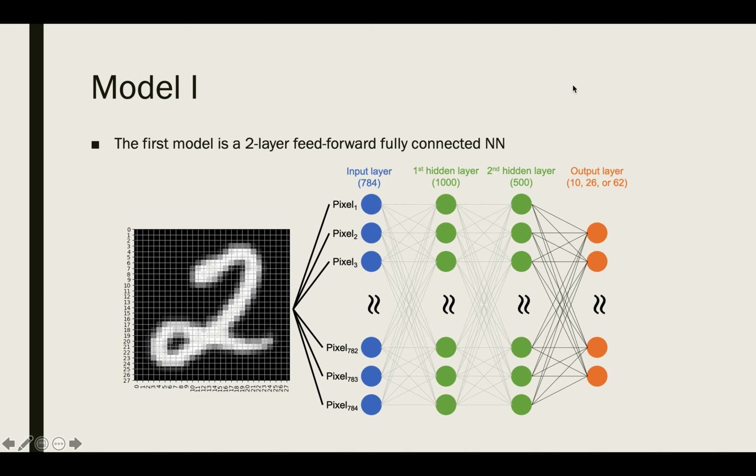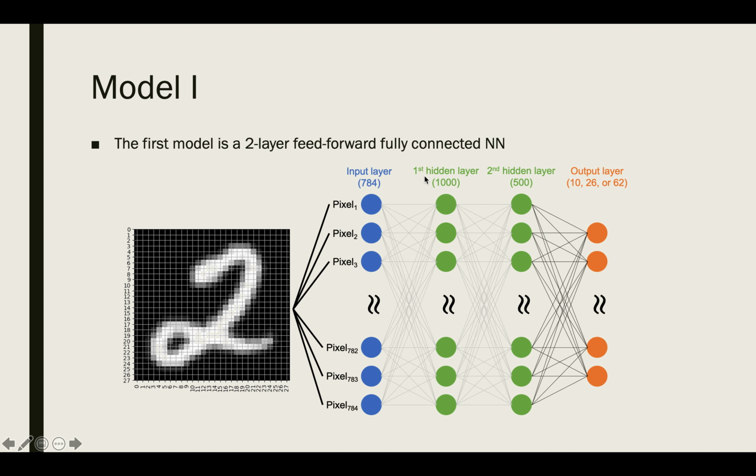We have used 2 different models in this project to classify and detect the letters and also digits. The first one is a 2-layer feed-forward fully connected neural network. The input layer has 784 neurons. And the reason is that all of the images in this dataset are actually 28 by 28 pixels, which means that we need to have 784 neurons in the input layer.